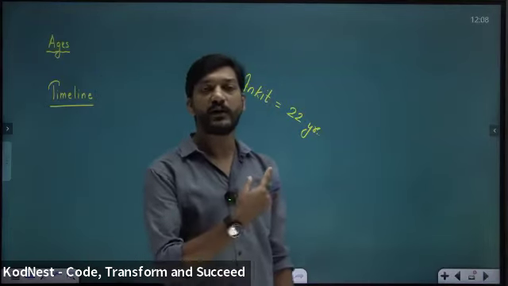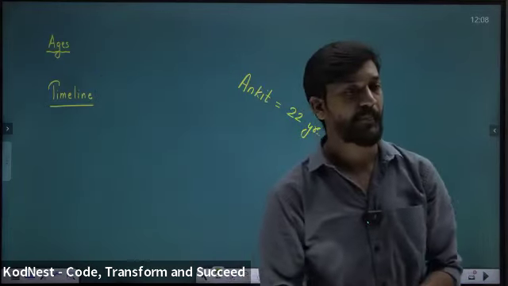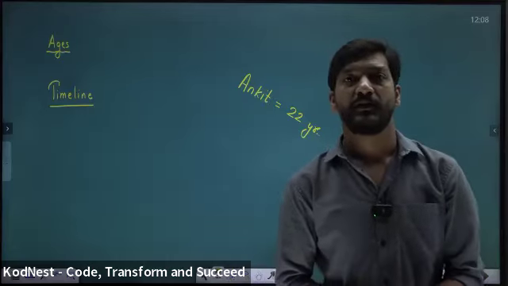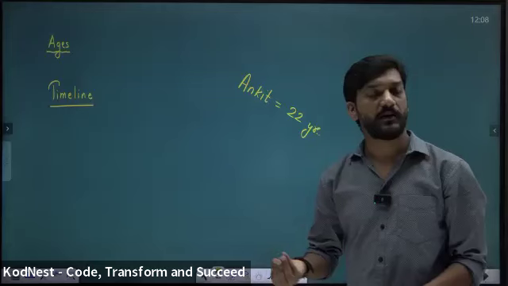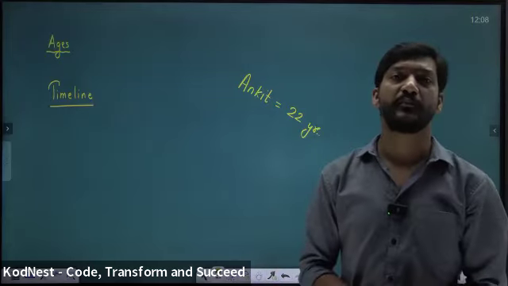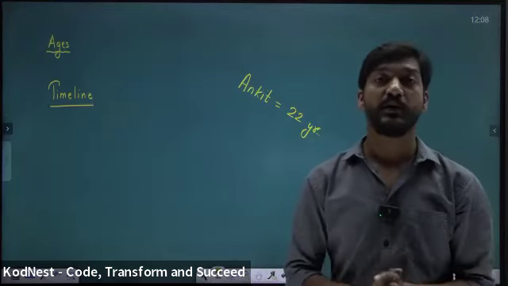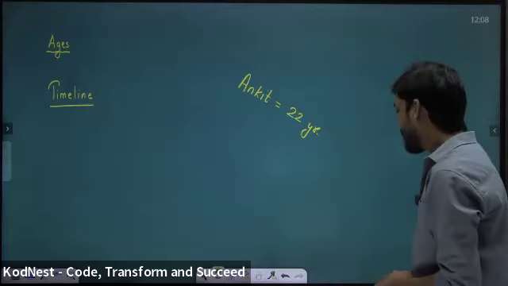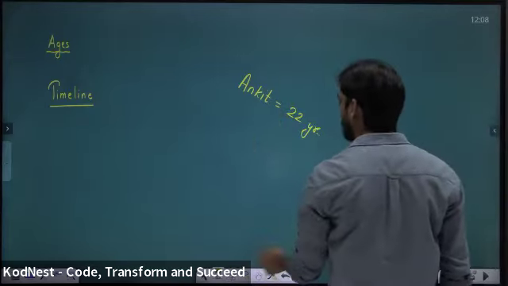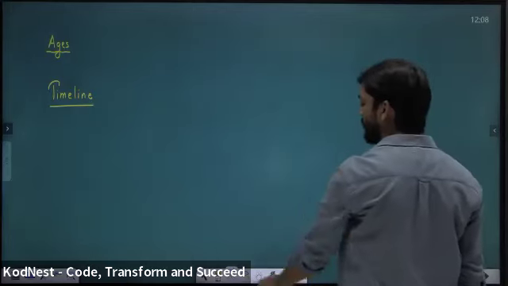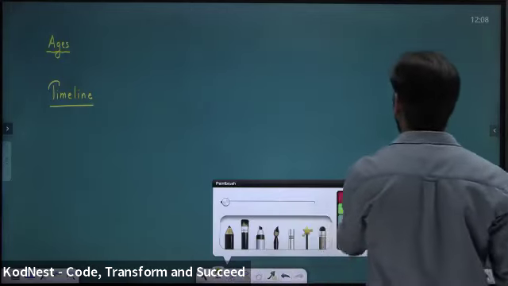Are you getting full clarity if you write just this? No. So my dear, without time, this has no meaning. Ankit 22 years. But when? Time. Where is the time? So time is very important. This is what I'm saying. So whenever you write the age of any person, mention the time also.